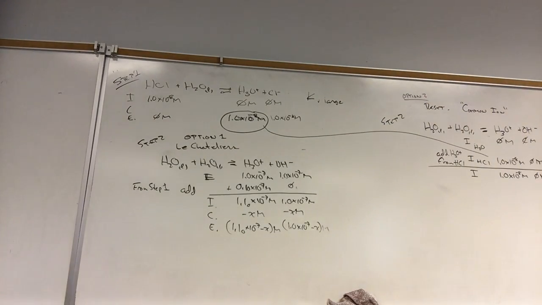Now, this is what we call a common ion. What a common ion does is it inhibits the formation of hydroxide, essentially. There's one way to imagine the effect of a common ion. The common ion is like hydronium. Hydronium loves hydroxide, right? So you can think of this as like a predator here.